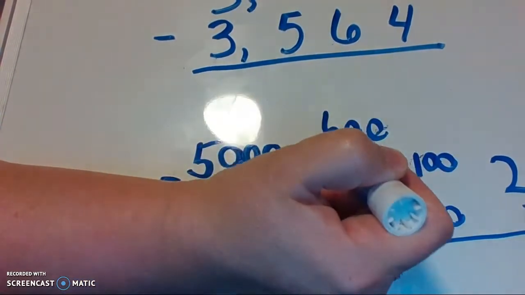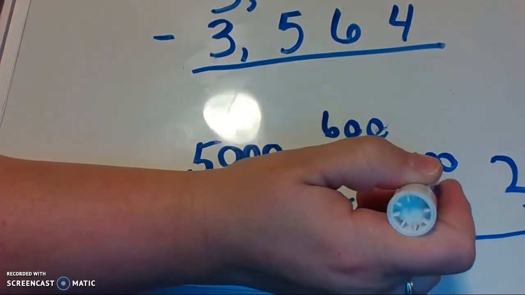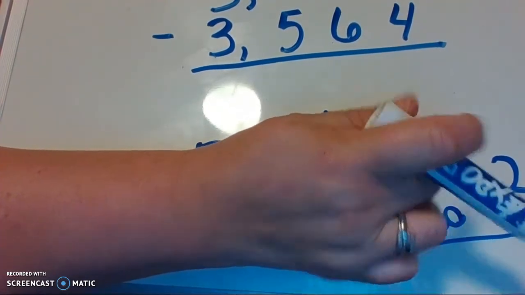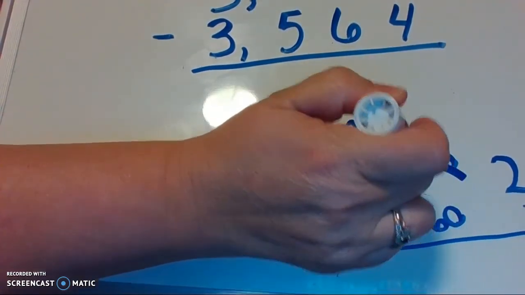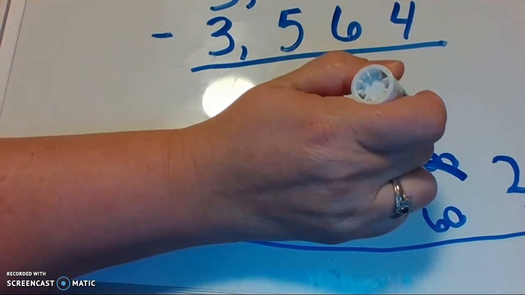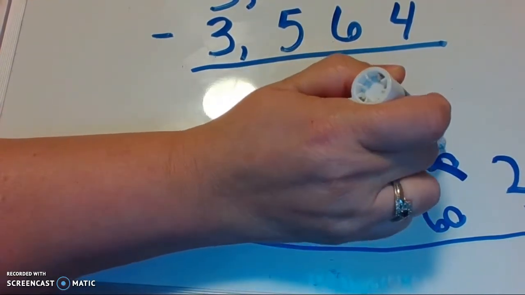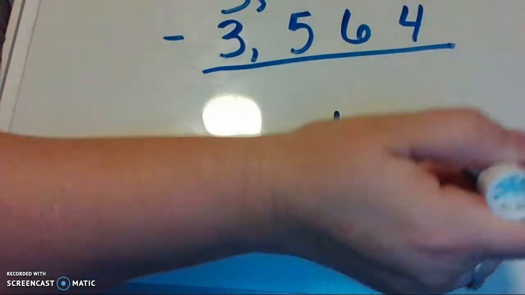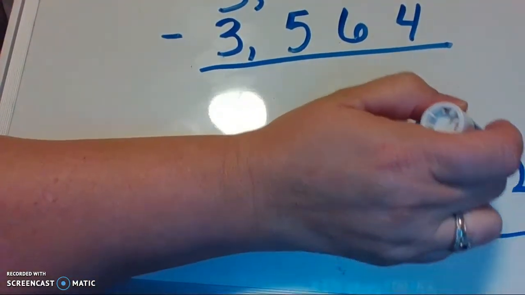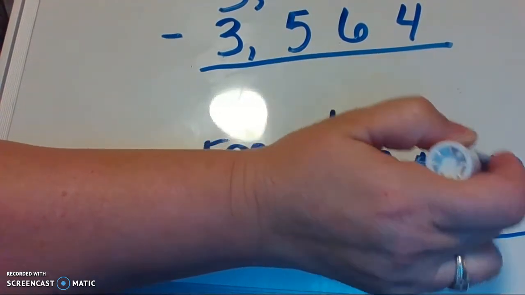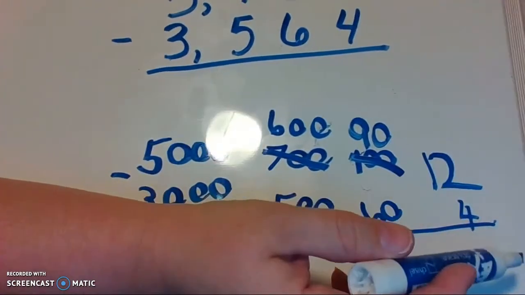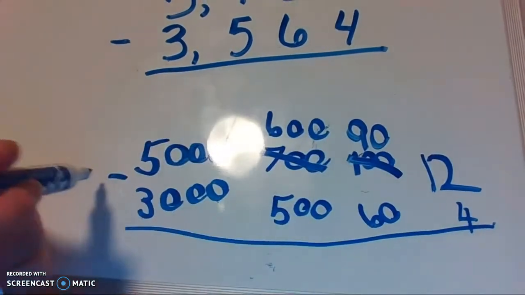Very good, because I had to make this into a 100. Now I can take away one group of 10, so now I have 90, 9 tens, and now I have my 110 and my 2. 12. So now I'm ready to subtract.